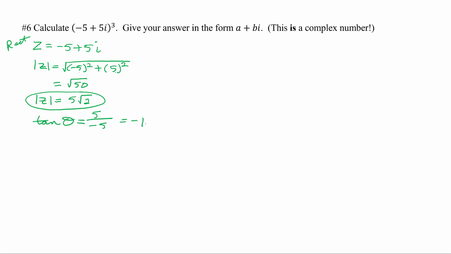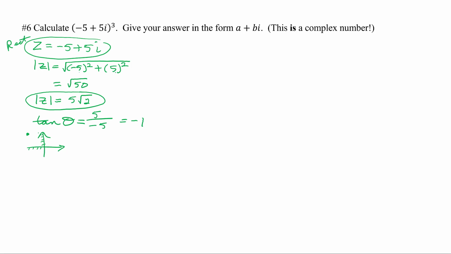But in addition to knowing that tangent of theta is equal to negative 1, we need to figure out what quadrant we're in, because there are two different quadrants where the tangent is equal to negative 1.